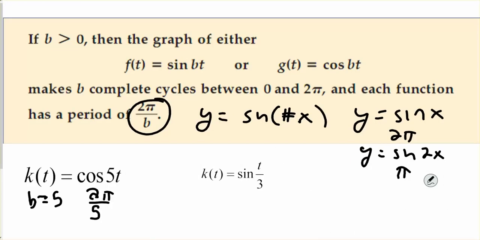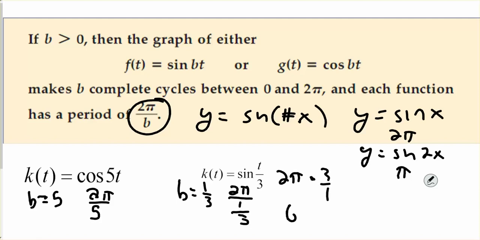Looking at the next one, sine of t over 3. Well, in this case, b is 1/3. So what I'm going to do is do 2 pi over 1/3, and that's a keep change flip. So keep 2 pi, change this to multiplication, flip it, 3 over 1. Now my period is 6 pi.